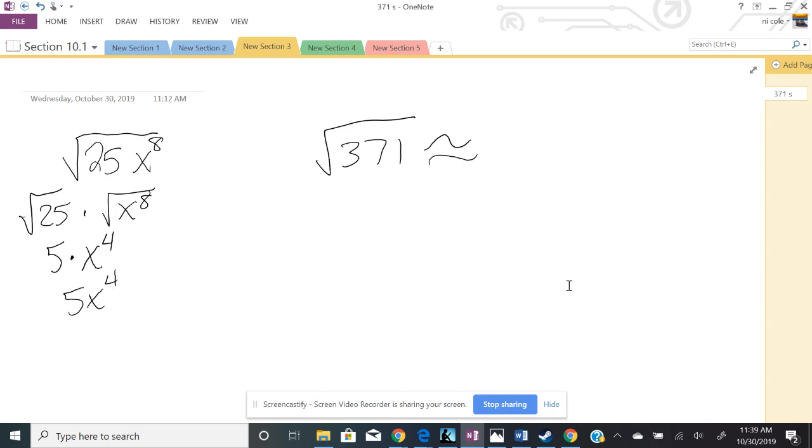You also might see something that looks like this: the square root of 371 with these little squiggly signs behind it. And that means approximately what's the square root of 371, and you're going to type that into your calculator.